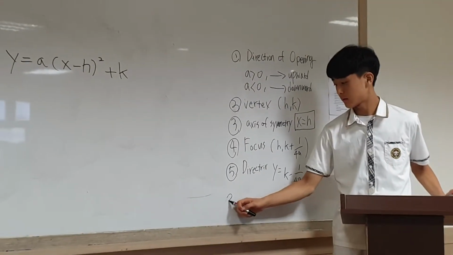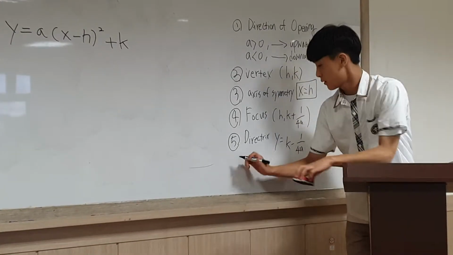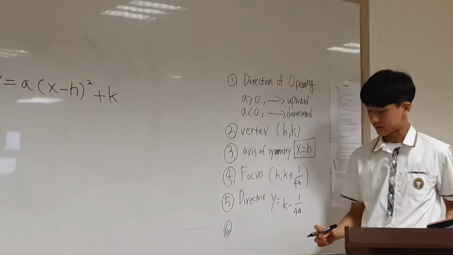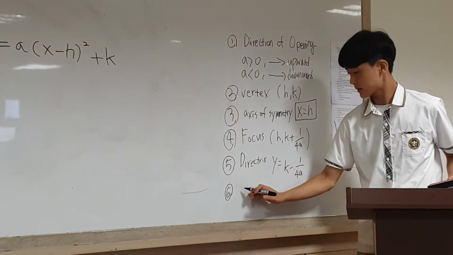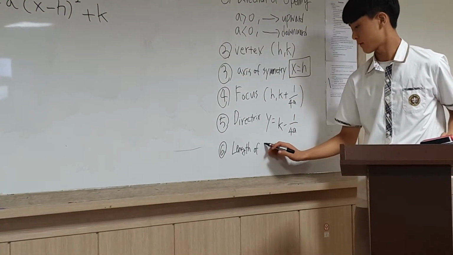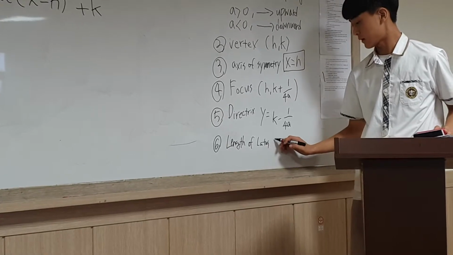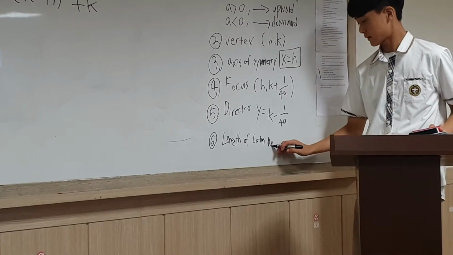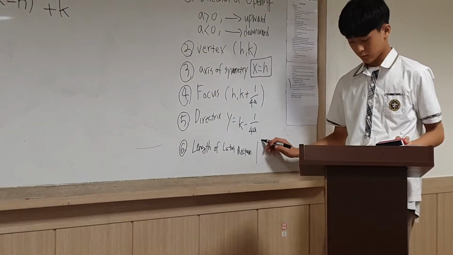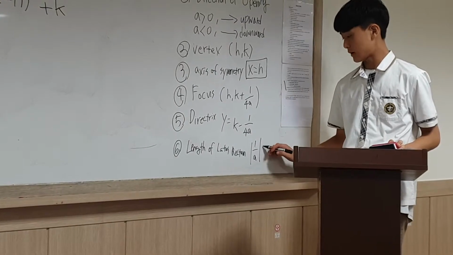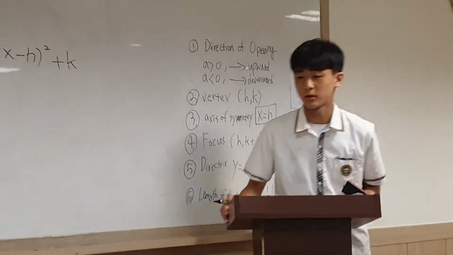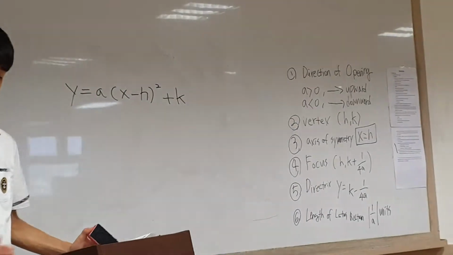And the last one would be the length of latus rectum, which would be 1 over a units in absolute value. Okay, so these are the fundamental things of a parabola.